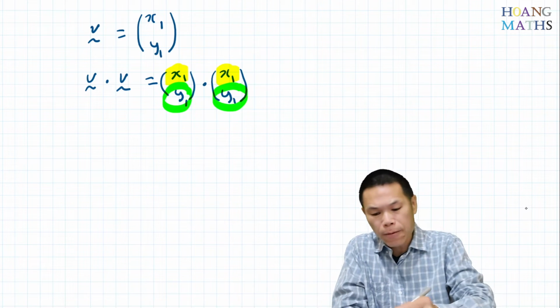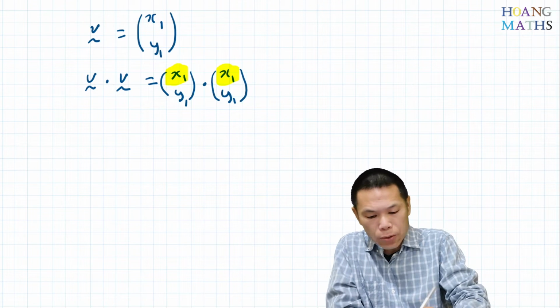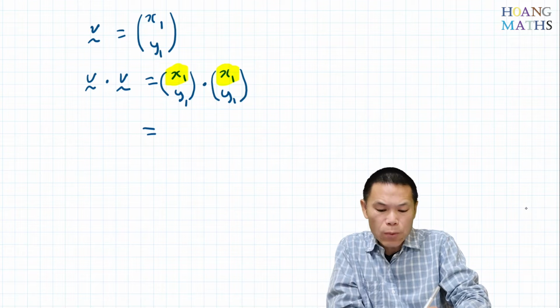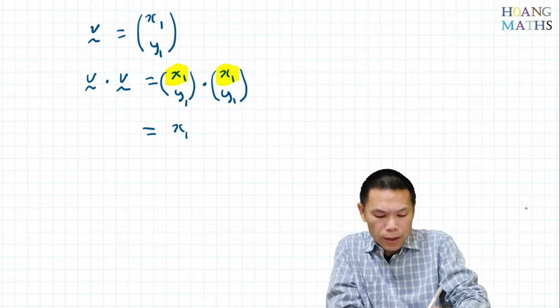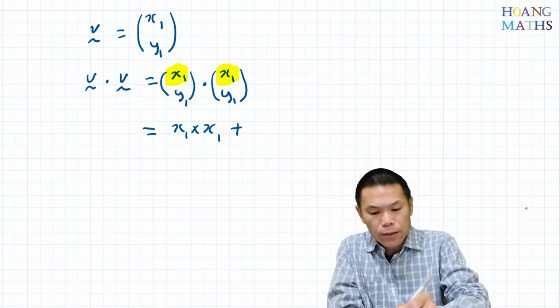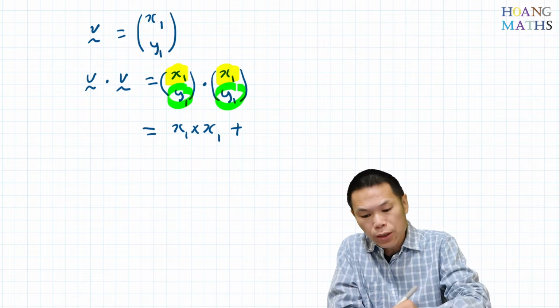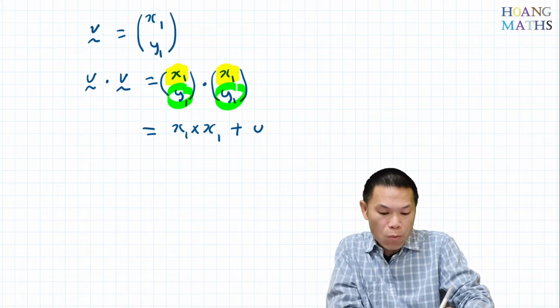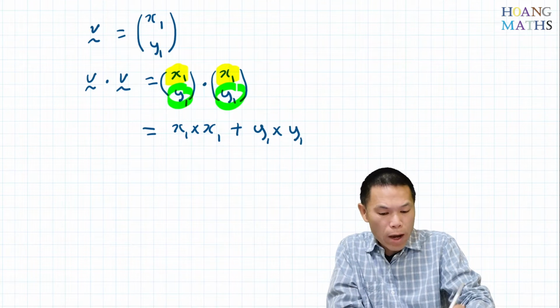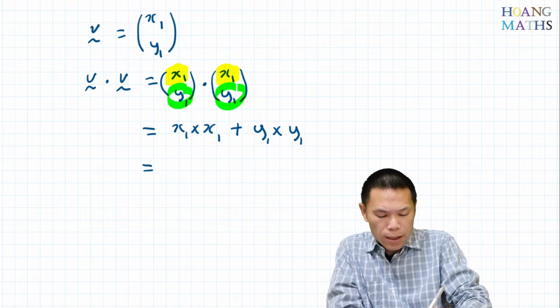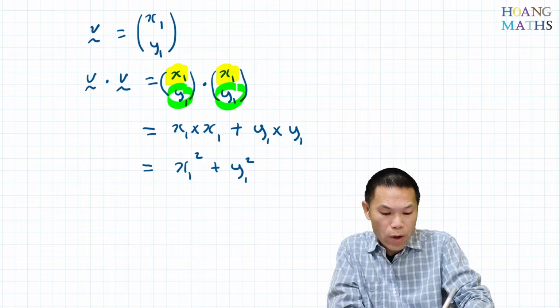That's all it is, okay? So x1 times x1, and then we add y1 times y1. That will give me x1 squared plus y1 squared.